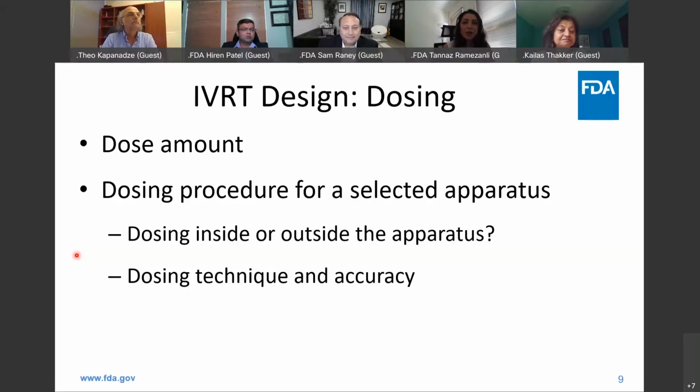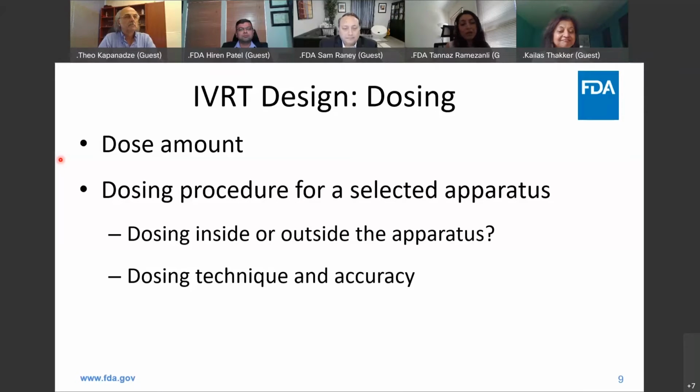Okay, thank you. We can also discuss the dosing procedure. We observed very nice videos in Christina's presentation showing two different types of apparatus and two different dosing techniques. I just wanted to get clarification from the panel about dosing the membrane inside versus outside of the apparatus.